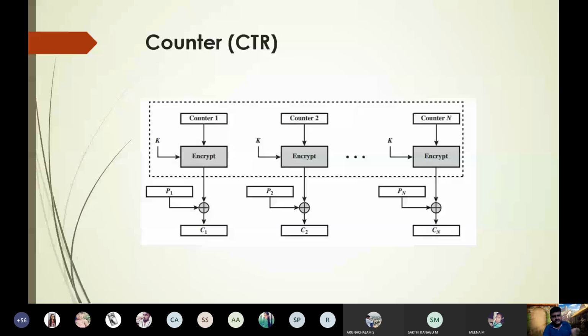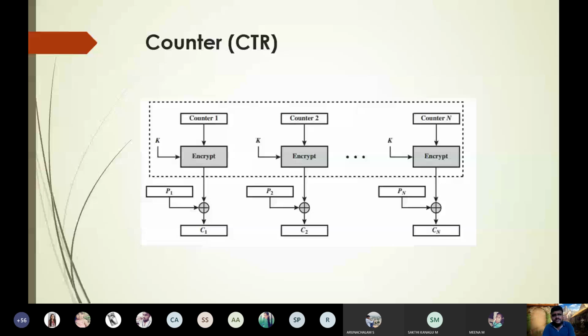After that XOR function, I will get my ciphertext. This is counter one, and then counter two, and so on. The number of counters may differ based on our needs. So this is known as counter. At last, we can combine all of C1, C2, C3 to get the final output.